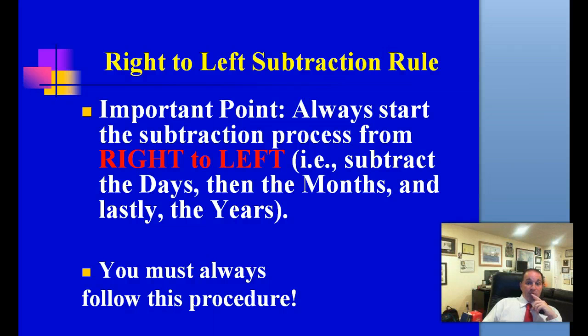Now, in order to calculate the chronological age, there's a very important rule you have to follow, and that is this. We always start the subtraction process in our calculation box starting from the right to the left. Again, you follow it from the right to the left, which means first we subtract our days, then we subtract our months, and then lastly we subtract our years.